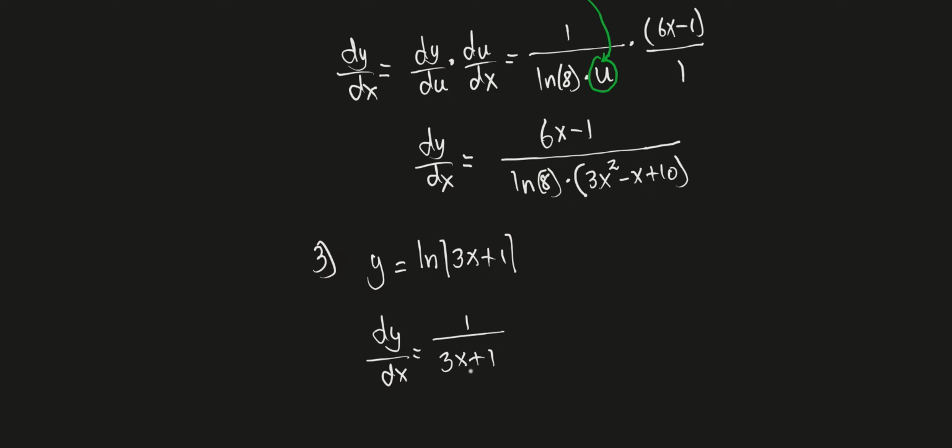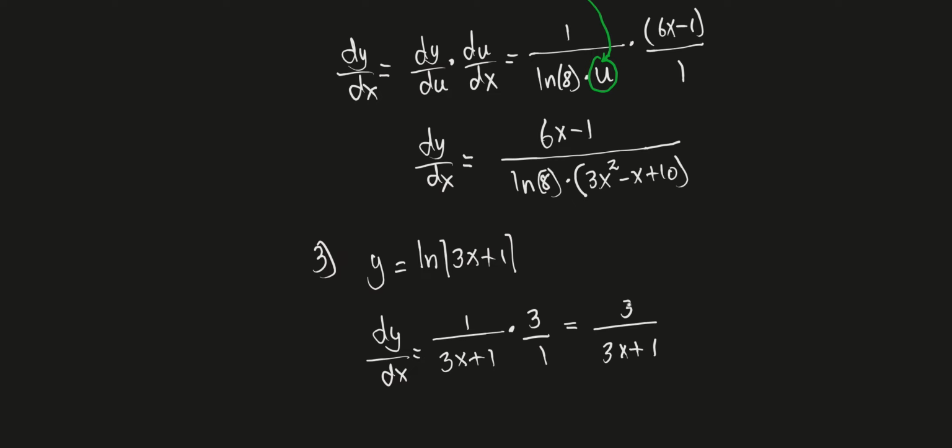I know it looks a little bit different because of this reciprocal, but you're taking the reciprocal and you're keeping the 3x plus 1. So you're taking the reciprocal of 3x plus 1, but then the chain rule says I have to multiply by the derivative of what's inside. So we have 3, and I can put that over 1 and get this final answer, 3 over 3x plus 1.